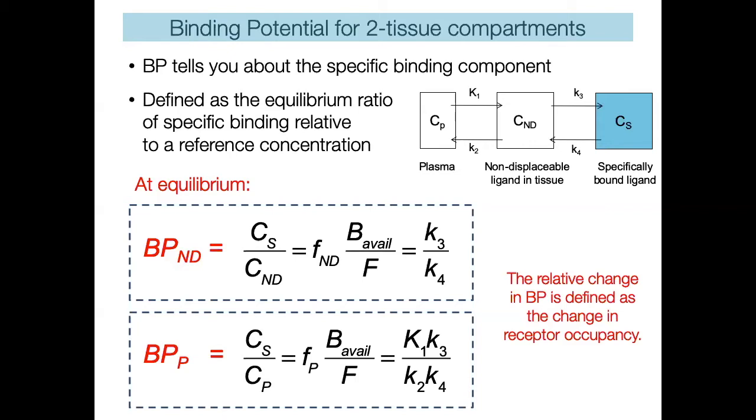It's that ratio that defines binding potential. If you're looking at changes in your signal, you can have a baseline binding potential, and then the relative change in binding potential is something where you can talk about changes in your target occupancy.